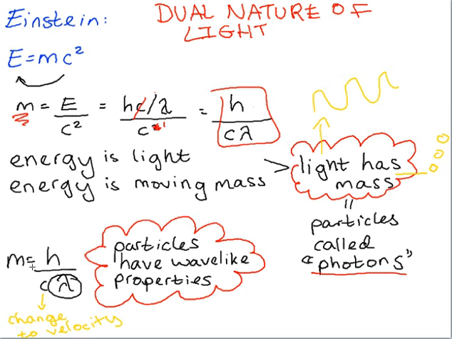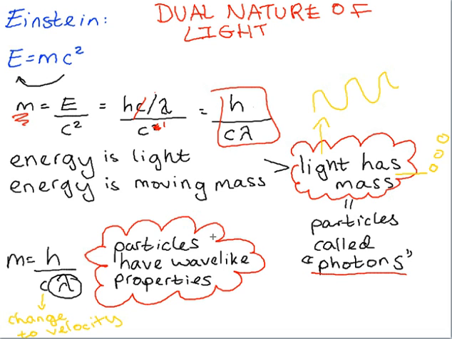So it means that mass has wavelength, and mass is made out of particles. So particles have wave-like properties. So they both ended up having two properties.